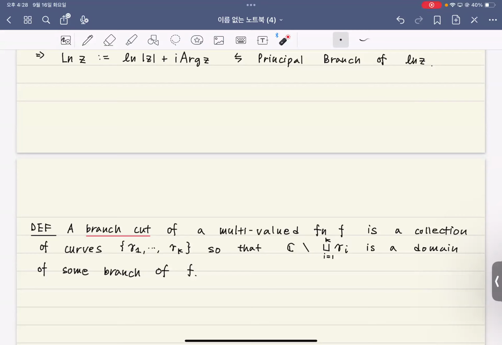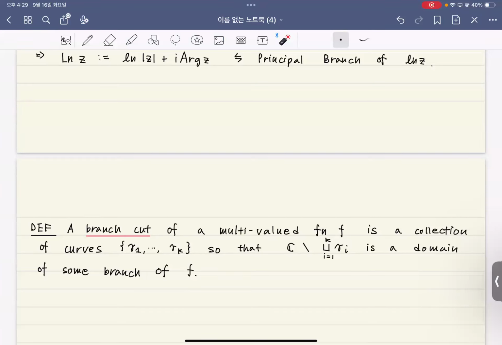And actually the same is true, but you don't need to stick to this straight line, right? If I choose this ray to be my cut, then the entire complex plane minus this curve can also be the domain of some branch of the natural log, right?